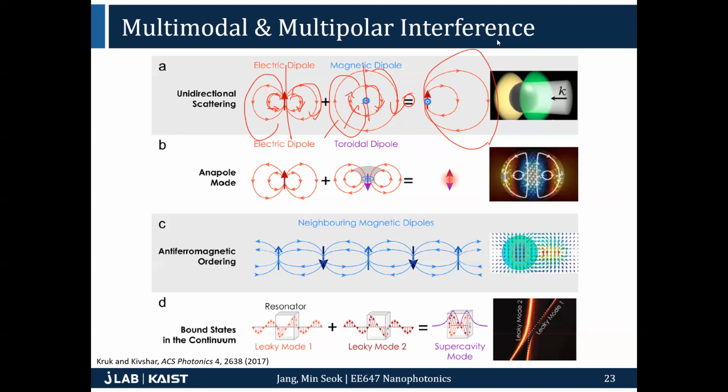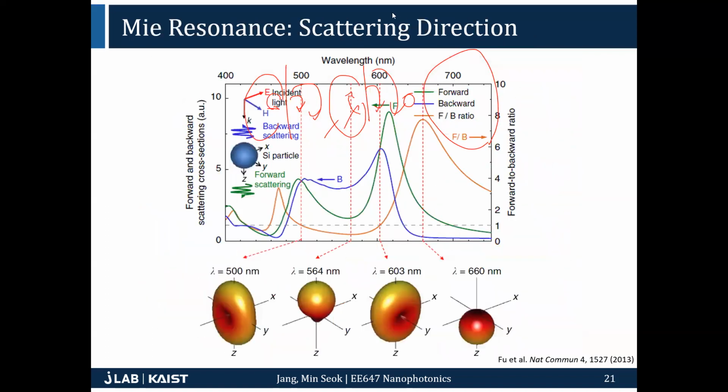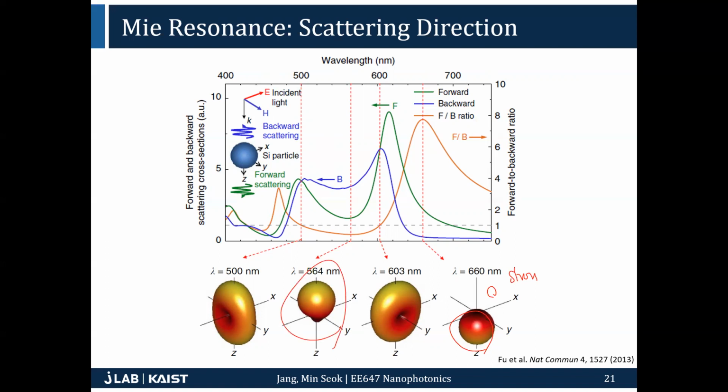So that basically explains why we have strong forward scattering in this regime, right? But then why in this case do you have strong backward scattering? Now I guess you can answer this question.